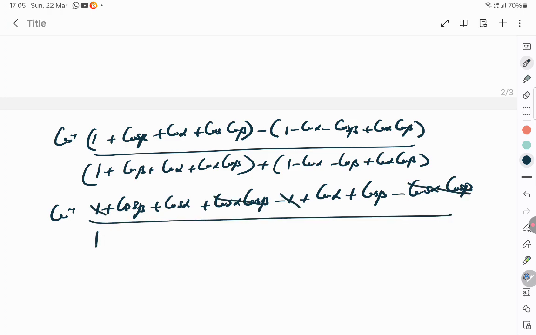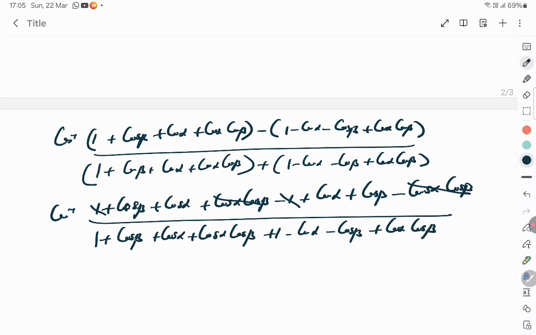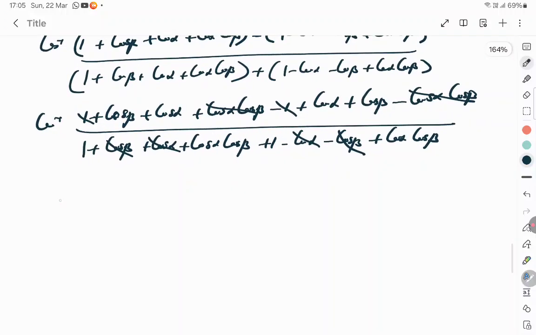Open the bracket in the denominator also: cos beta plus cos alpha cos beta plus 1 minus cos alpha minus cos beta plus cos alpha cos beta. In this, the cos beta is getting cancelled, cos alpha is getting cancelled.